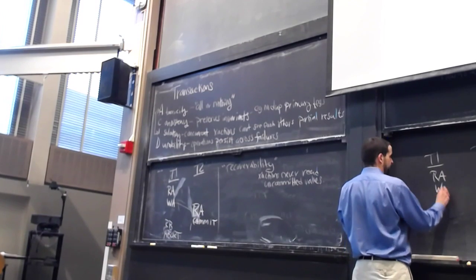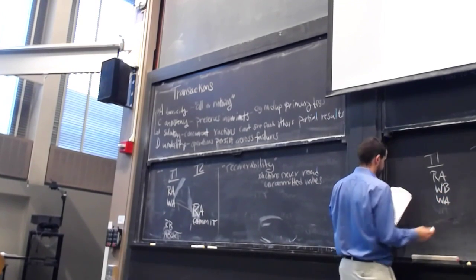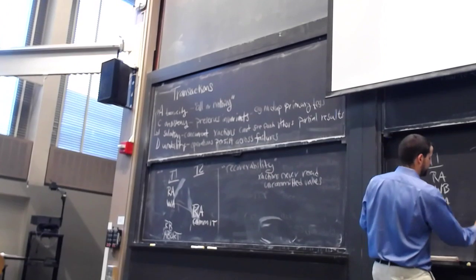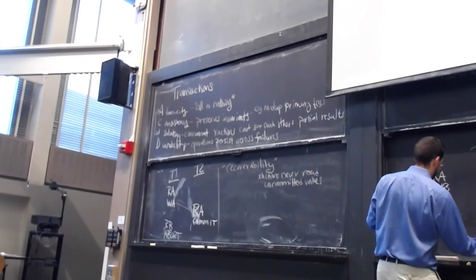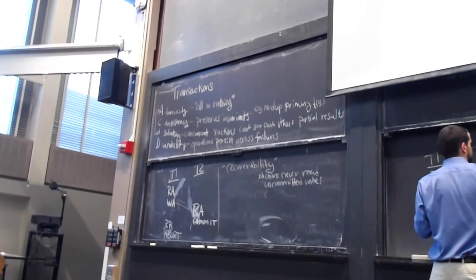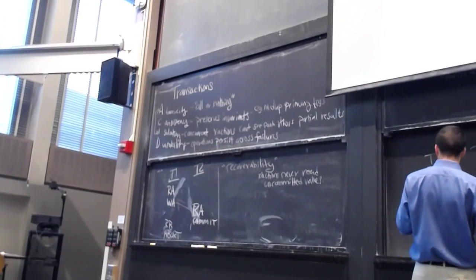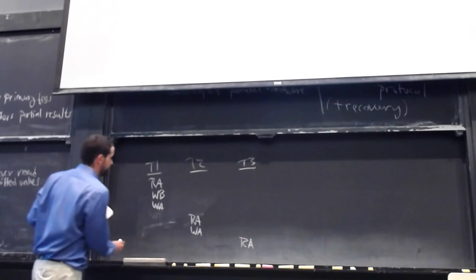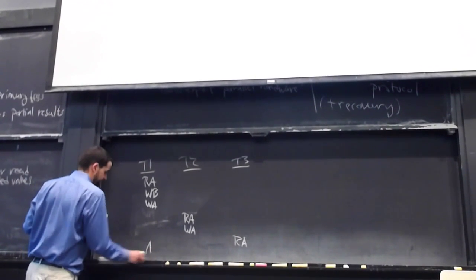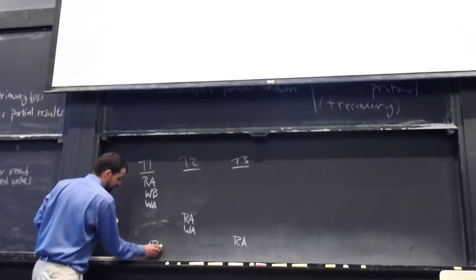T1 then does a write of B, followed by a write of A. T2 does a read of A, followed by a write of A. And then T3 does a read of A. Okay, and then T1 aborts. You guys probably can't see this down here, but then suppose after all that, T1 aborts.